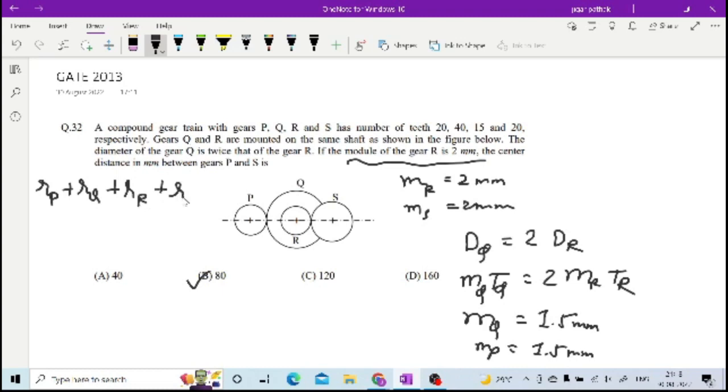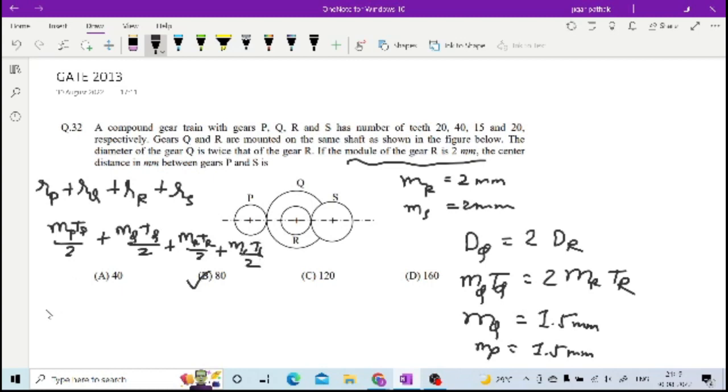So now radius of P, radius of Q, radius of R, and radius of S. Now radius is again M T by 2, right? So MP TP by 2, MQ TQ by 2 plus MR TR by 2 and MS TS by 2.